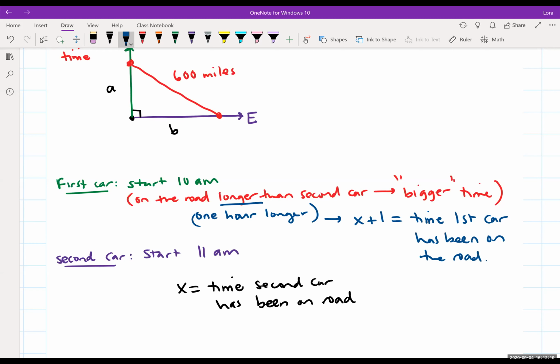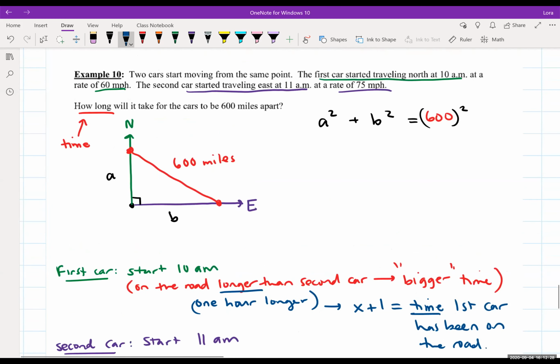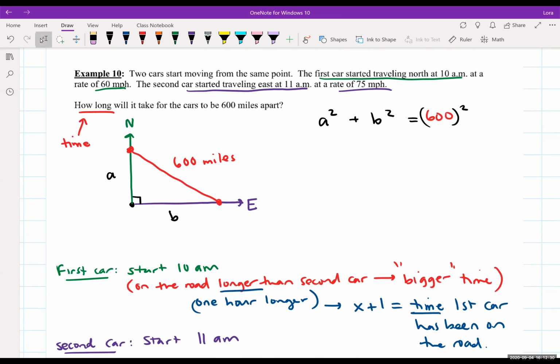So at least we have times at this point. Now, that's great, but they didn't give us any other information other than how fast the cars were going. But this is useful to us.